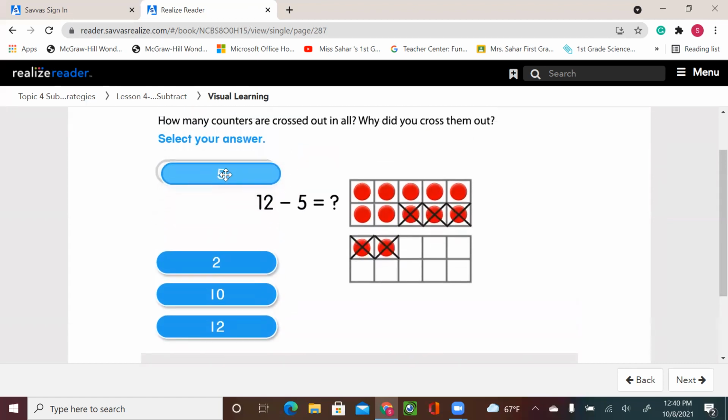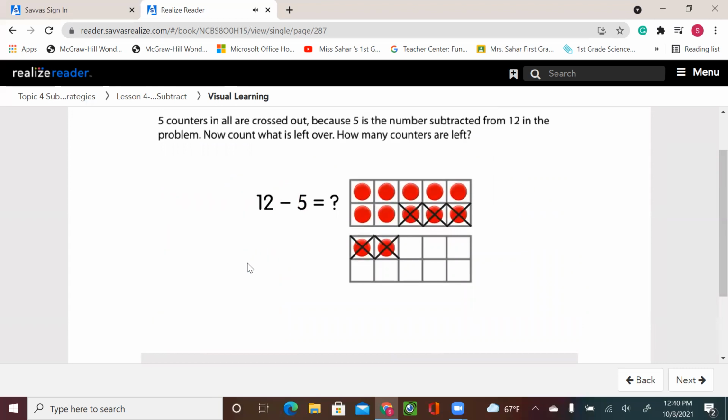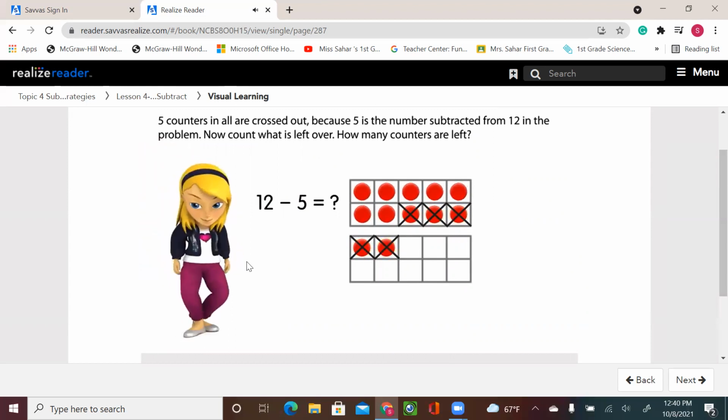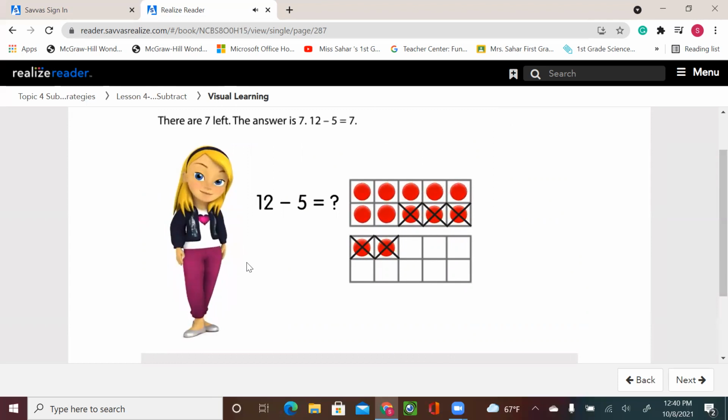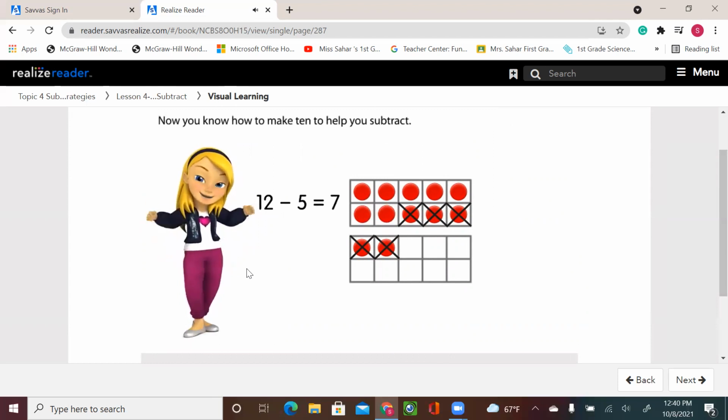So 5 counters in all are crossed out because 5 is the number subtracted from 12 in the problem. Now count what is left over. How many counters are left? There are 7 left. The answer is 7. 12 minus 5 equals 7. Now you know how to make 10 to help you subtract.